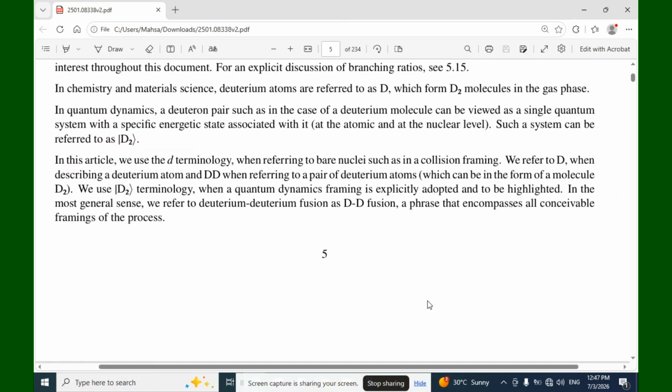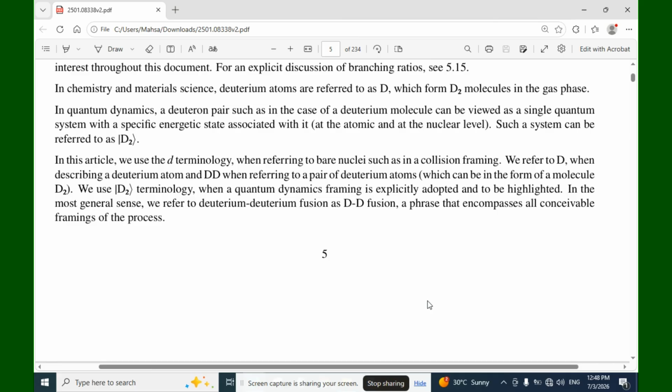At the atomic and at the nuclear level, such a system can be referred to as absolute D2. In this article, we use the terminology D when referring to a bare nucleus, such as in a collision framing. We refer to deuterium when describing a deuterium atom, and deuterium when referring to a pair of deuterium atoms, which can be in the form of molecule D2.